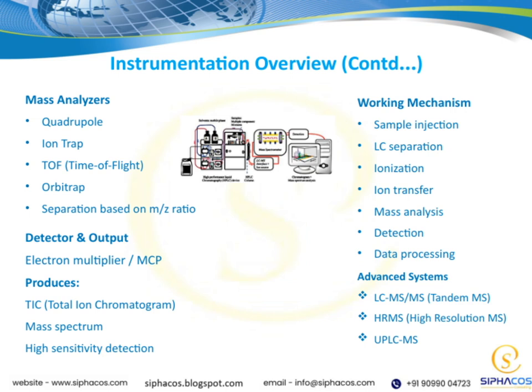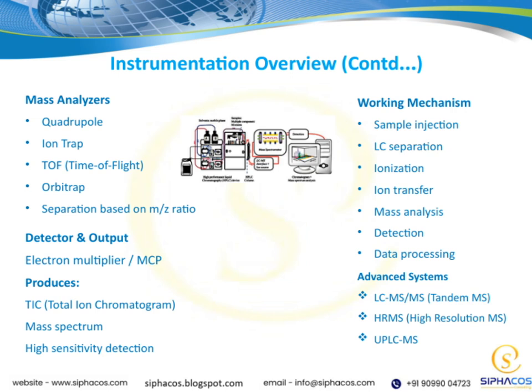Now, when we look at advanced systems, we see options like LC-MS/MS, which is tandem mass spectrometry, providing high specificity and sensitivity. High-resolution MS, or HRMS, offers very precise measurements, allowing us to distinguish compounds with very similar masses.